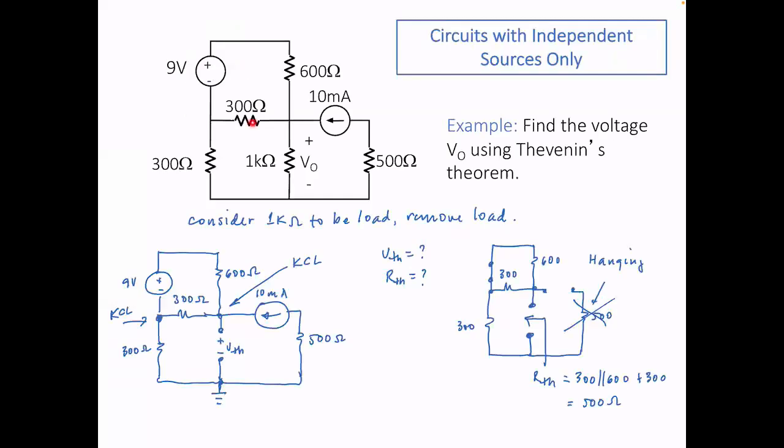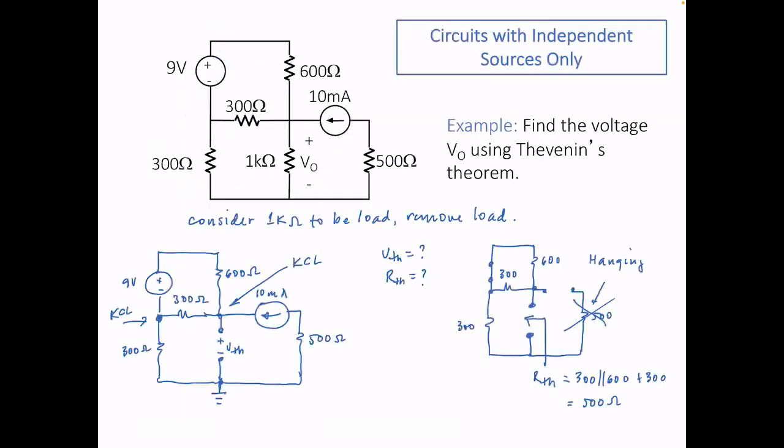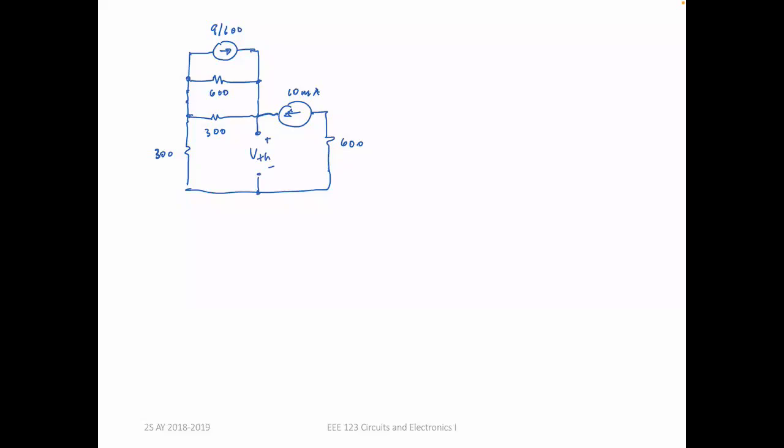And then this will be 600, which is now parallel to a 300 ohm. Let's put in all the others. This is 300. I have this 10 mA. Then I have my 500. I'm trying to determine VTH.